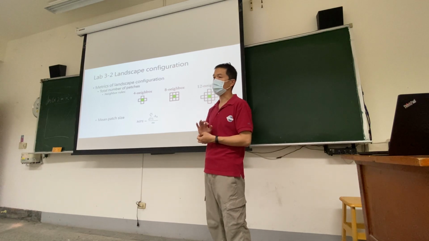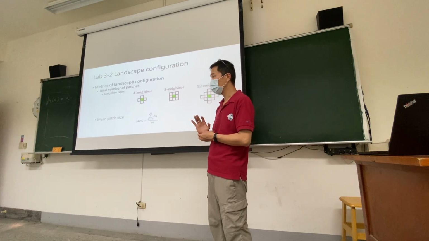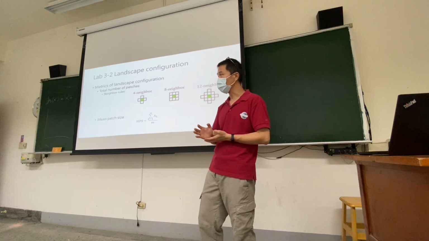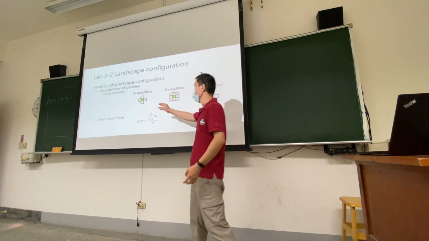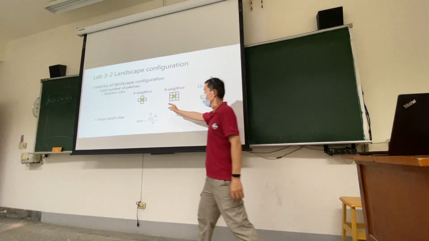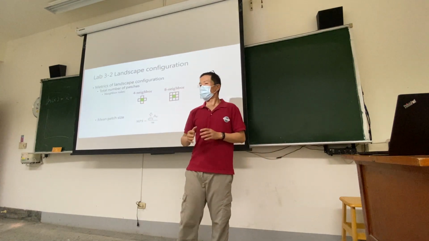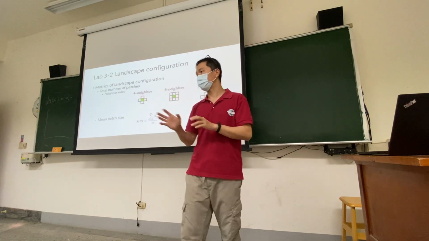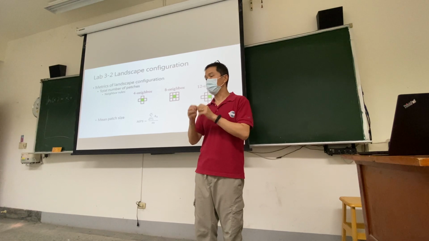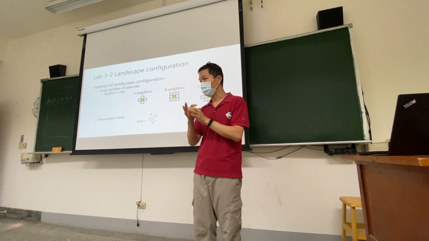So we need to define how many patches there are in a certain landscape. But depending on the neighbor rules, you're using either the 4-neighbor rule, 8-neighbor rule, or 12-neighbor rule. So for the 4-neighbor rule, it means that two cells need to be connected with each other to be considered in the same patch.